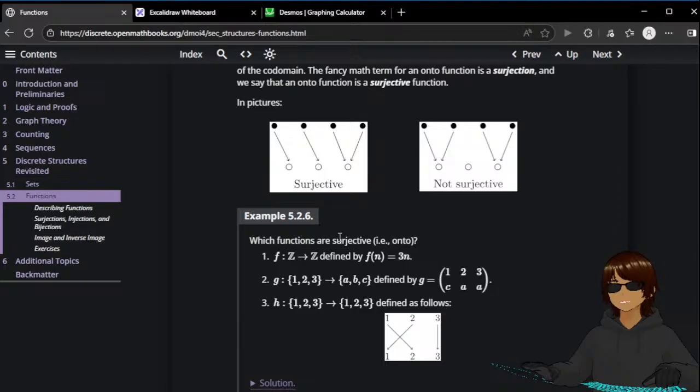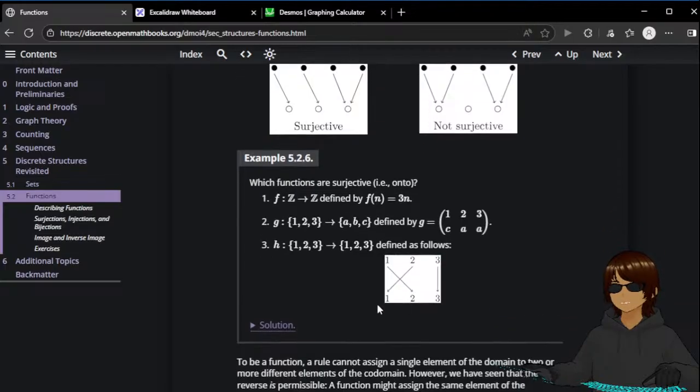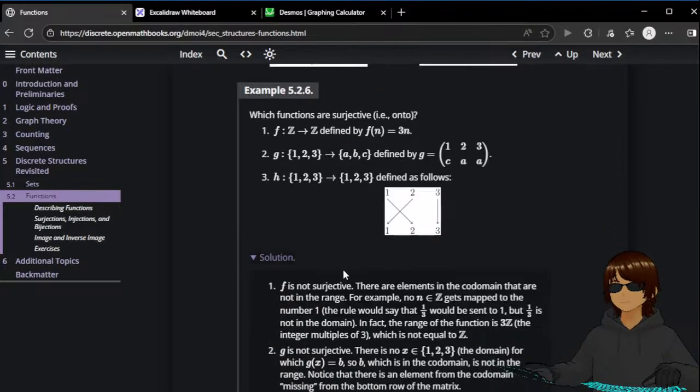Which functions are surjective? f(x) = x divided by 2, integer to integer. This is not surjective because you cannot get 1. This is not surjective because you can't get b as the output. This is surjective. Number 3 is surjective.